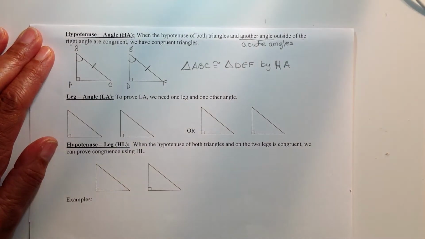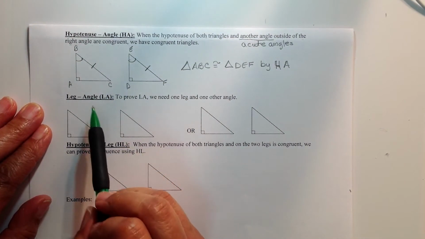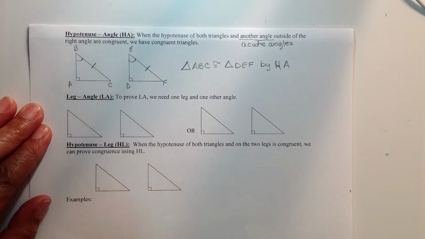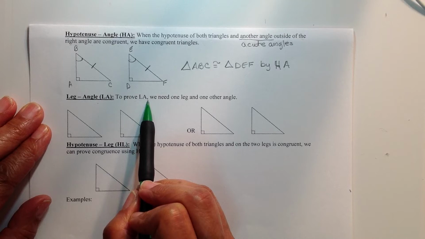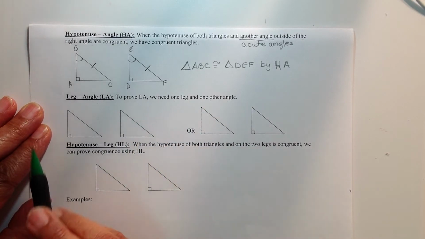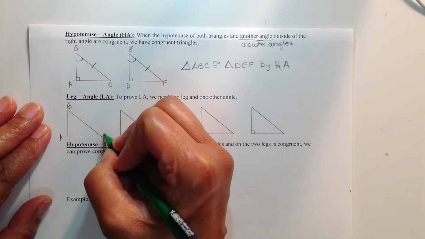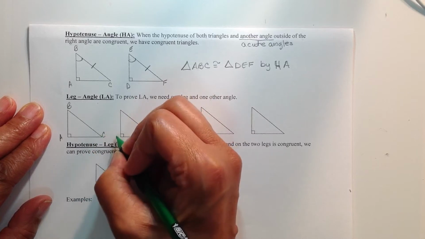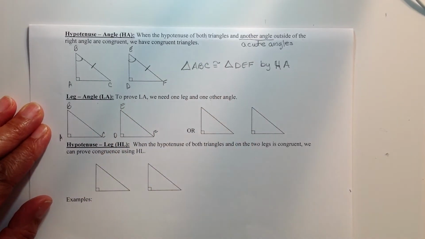All right, let's go on to our next theorem, specifically only for right triangles again. Here, all we need to prove leg-angle is one leg and one other angle congruent. So let's label this ABC again, and let's label this DEF again.